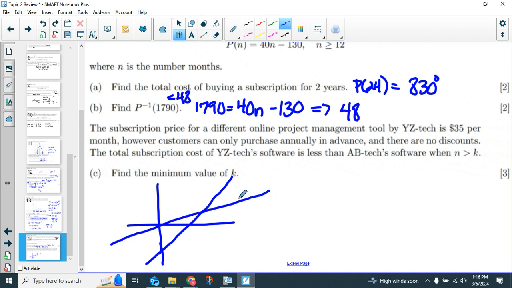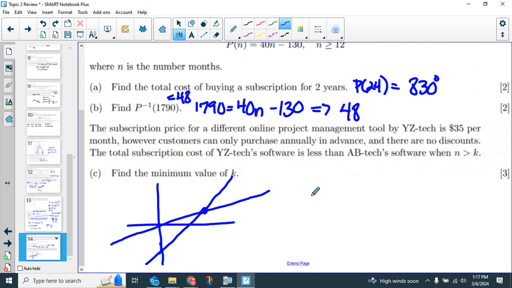So this is cheaper for a while, but AB Tech's is cheaper at first, and then eventually if you subscribe for long enough, this one becomes lower, because whichever one is lower on the graph is cheaper.